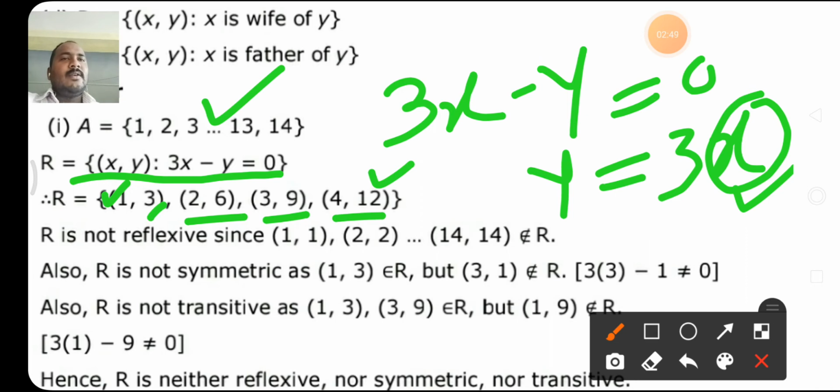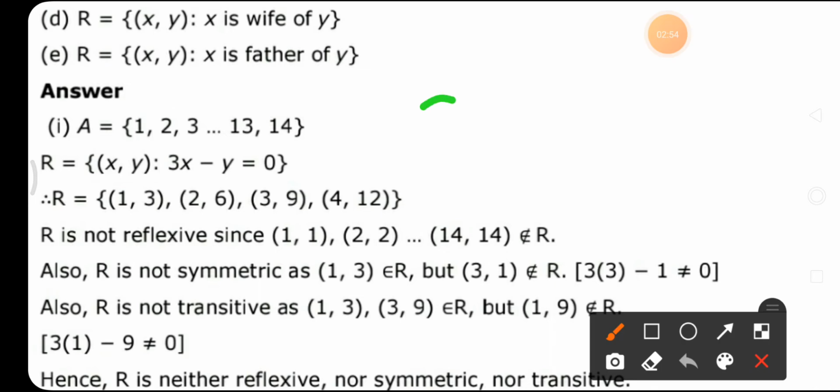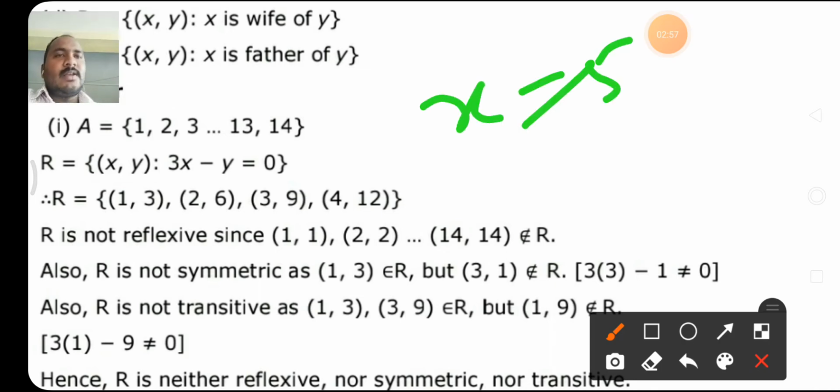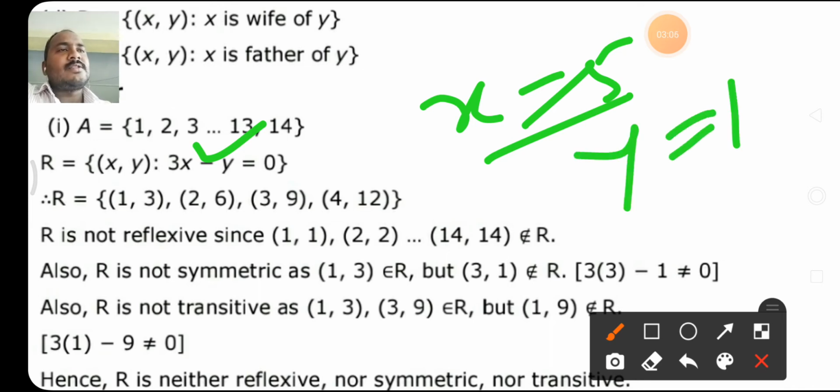Here we can't consider x = 5. Suppose we consider x = 5 in this equation, then y = 3 into 5, which is 15.